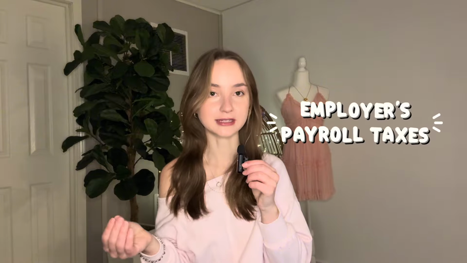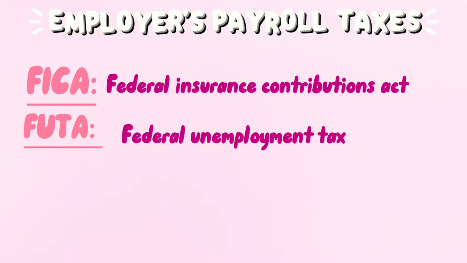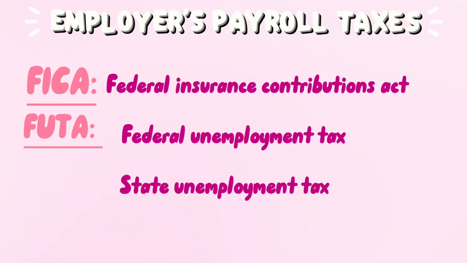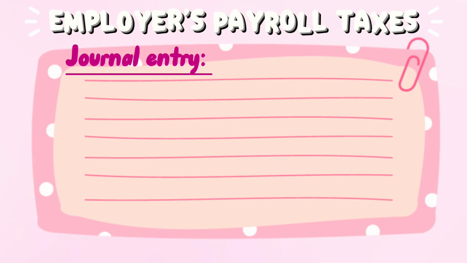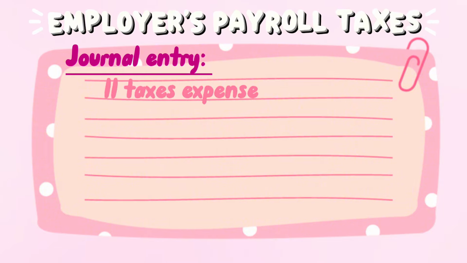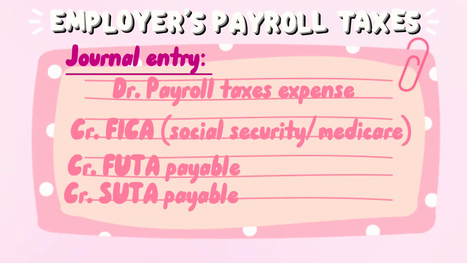Now taxes are everywhere and on everything, so let's look at the employer's payroll taxes. So the employer's taxes are FICA, the federal unemployment tax that we are going to call FUTA, and the state unemployment tax that we are going to call SUTA. So our journal entry for our employer payroll taxes looks like a debit to payroll tax expense and then credit all of these taxes payable.